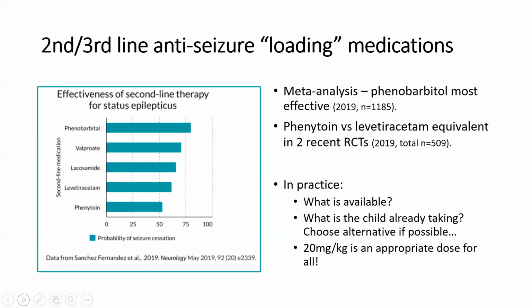So in practice, what would you do in our setting? Number 1, knowing what you know, especially about the medications, including phenobarbital, what is available will be the most appropriate. You need to think about what the child is already taking and consider an alternative if possible. 20 milligrams per kilo is an appropriate dose for all the medications that have been listed there.